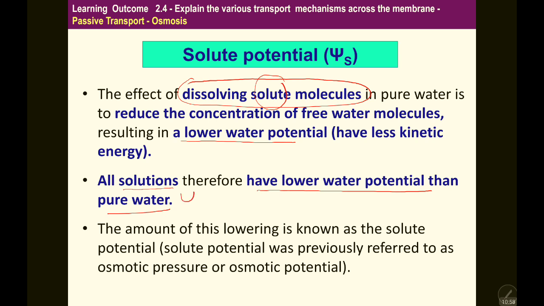Because pure water has the highest water potential. It is equal to 0. Pure water has 0 kilopascal of water potential. 0 is considered the highest water potential. So when there is some solute, it will lower the water potential to -1, -2, and so on.